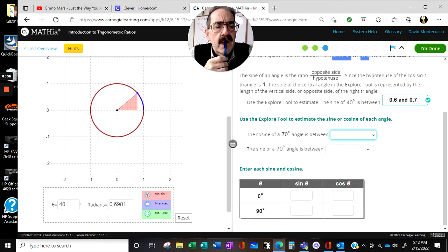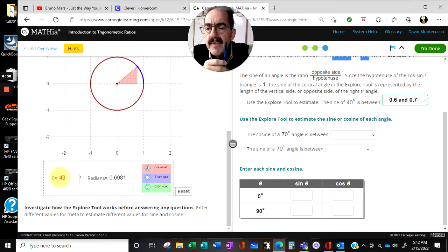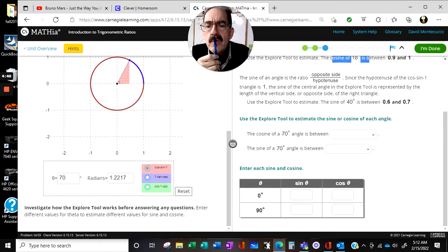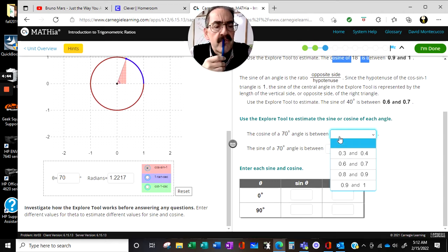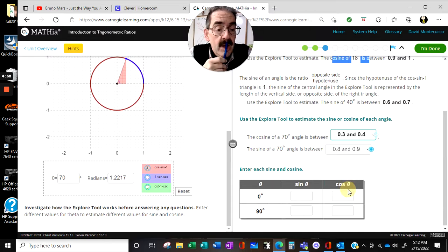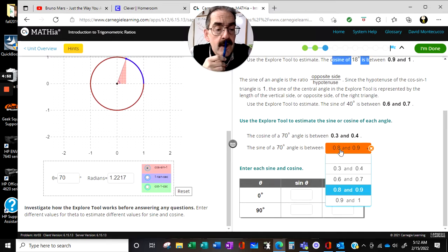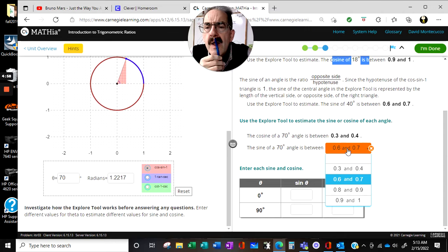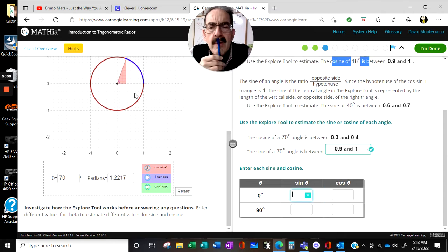Cosine is 70%. That's the x value. The x is not very much, less than half, like 0.4, and the sine is real big, like 0.8, way up there.